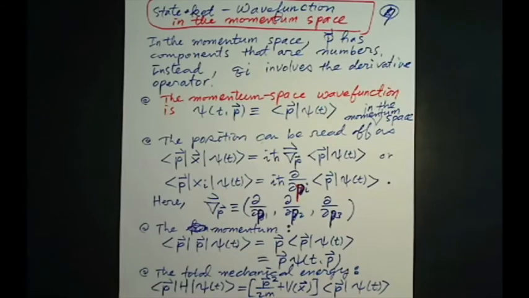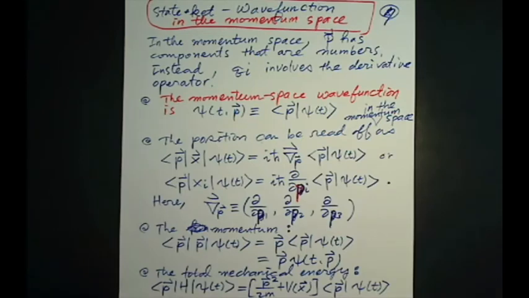Actually, we can either use the coordinate as a fundamental variable, or we can use the momentum as a fundamental variable. In either case, if q is used as a fundamental variable, momentum should be replaced with the derivative. If you use p as the fundamental variable, then you must replace the coordinate with the derivative with respect to the momentum.